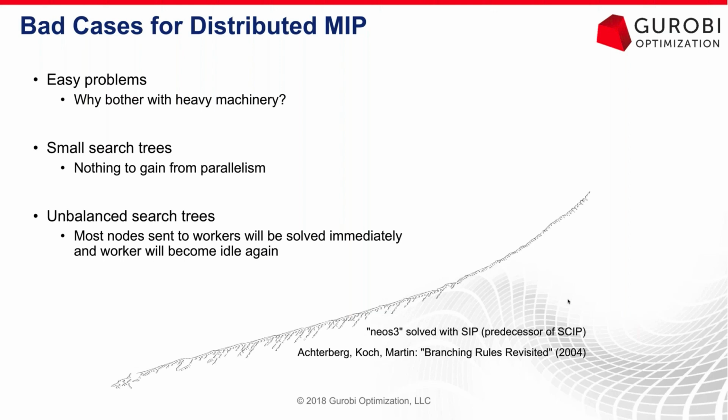If the search tree is small, if it solves at or near the root, there's not many opportunities to exploit parallelism, both on a single computer and with distributed MIP. So that's not going to benefit from multiple computers. Also, if the search tree is unbalanced, like in this picture where we're doing mostly a dive on the left-hand side, then there's not going to be much of a search tree to send to the different compute nodes.